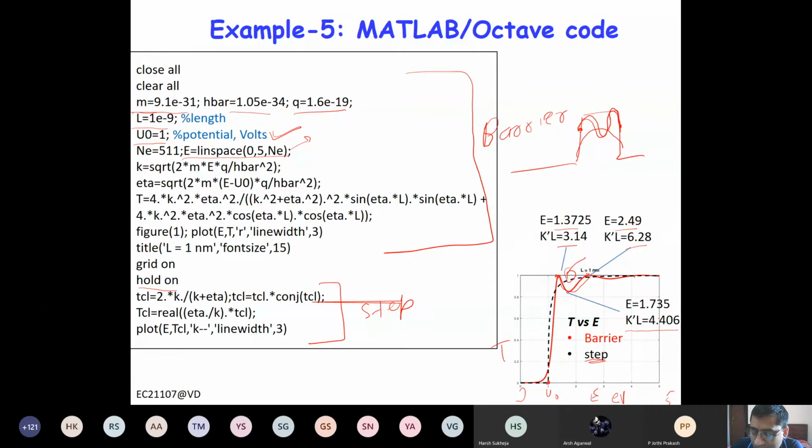So it's kind of resonance, where the thickness of the barrier is an integer multiple of lambda by 2, right? So you can write 2n plus 1 here. Correct?